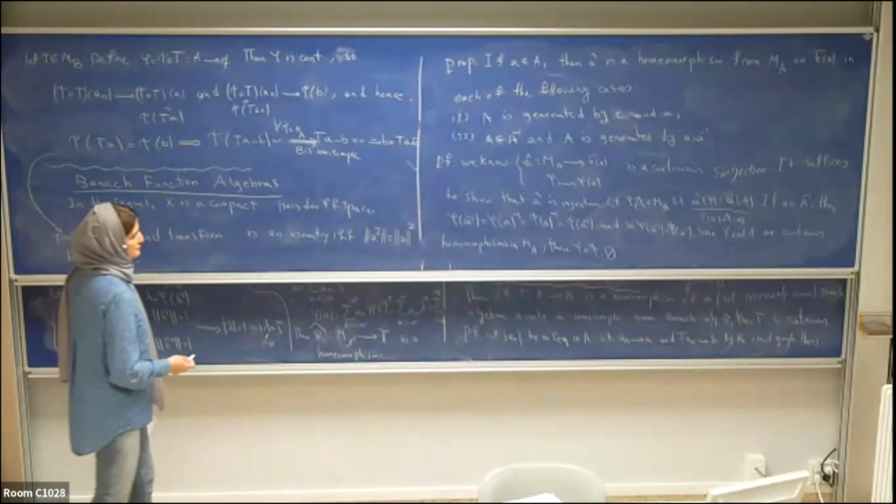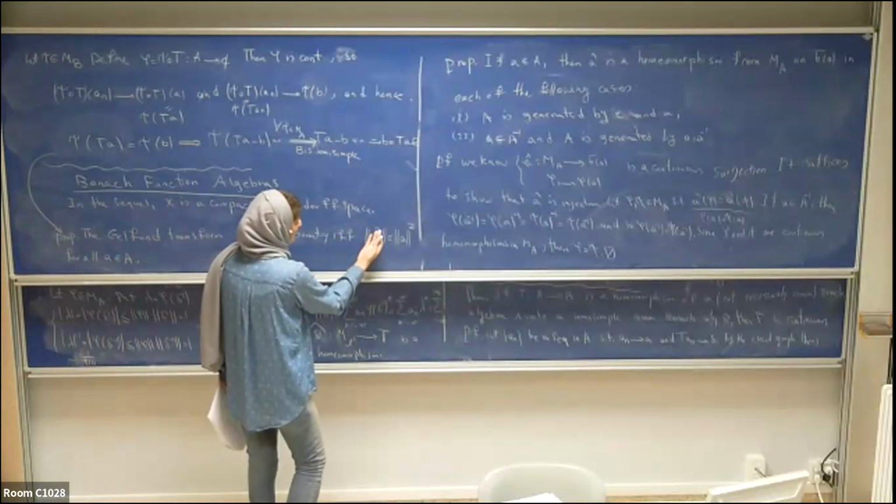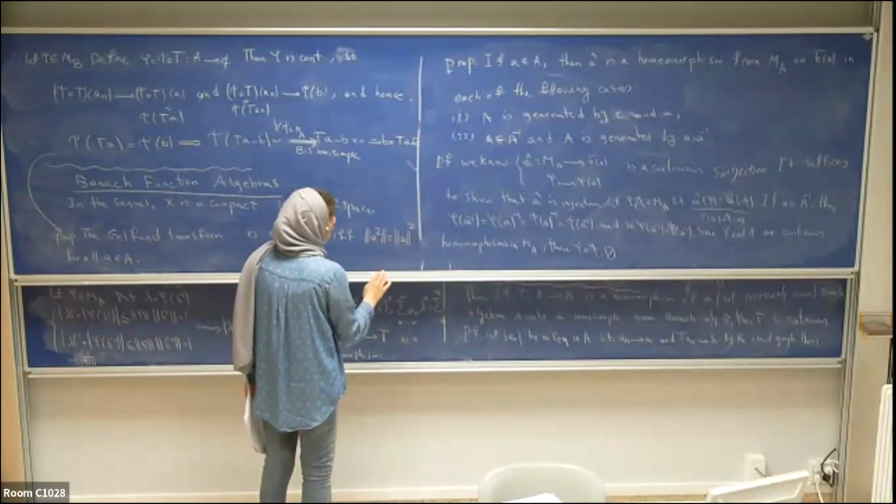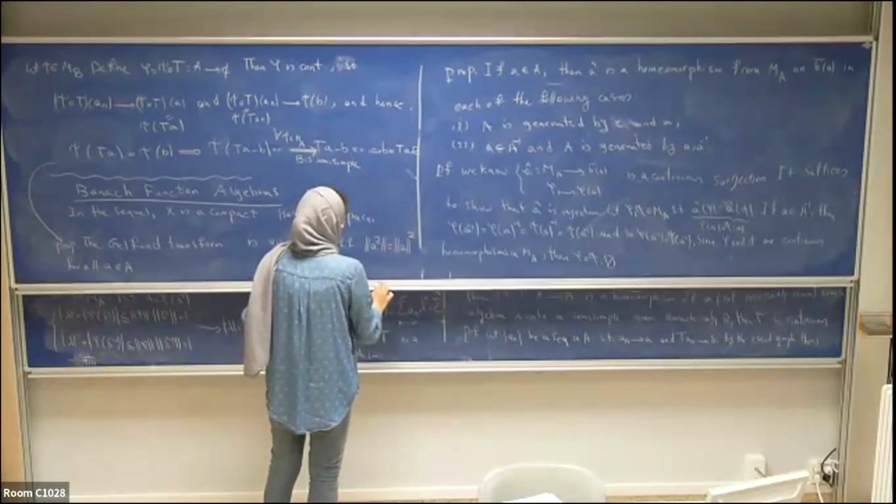Of course, because of submultiplicativity, it is at most norm of A squared.